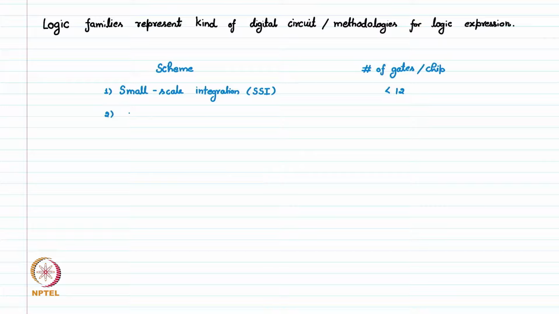Second, we have medium scale integration, or MSI in short, where we typically have 12 to around 99 or 100 gates on a single chip.